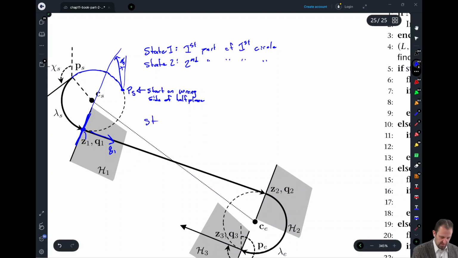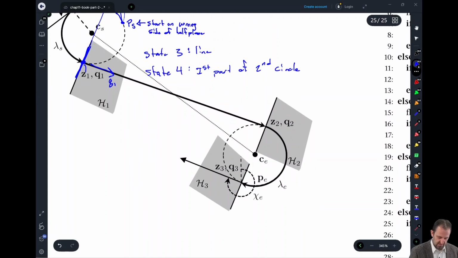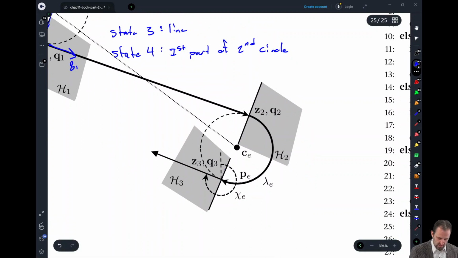State 3 will come in here and we'll actually execute the line, right? So state 3 is the line. State 4 is similar to state 1. We're going to do the first part of the second circle. Because as we come in here, here's the line that we have to switch out, and how it's drawn, I don't like this line, but we could start off in the wrong half plane.